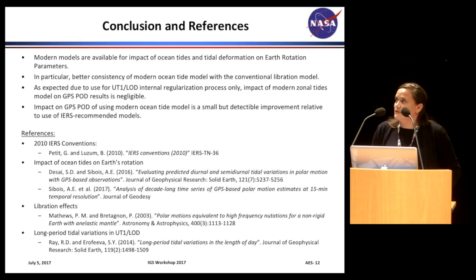As expected, due to the fact that we only use the zonal tide model for internal regularization, we don't see any impact of switching to the modern zonal tides model instead of the conventional one. And so the impact on the GPS POD is a small but still detectable improvement relative to the use of the IERS recommended models. And that concludes my presentation.